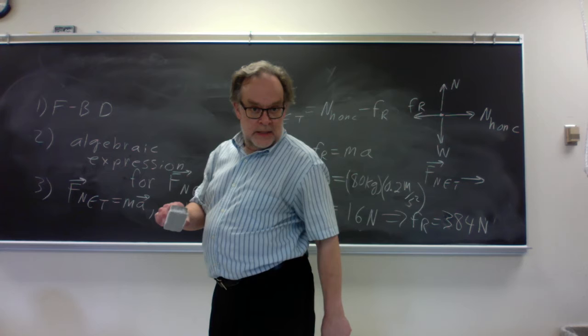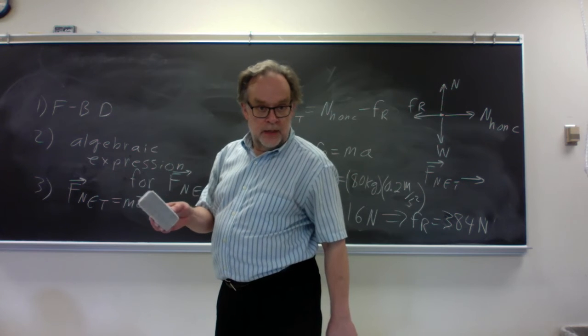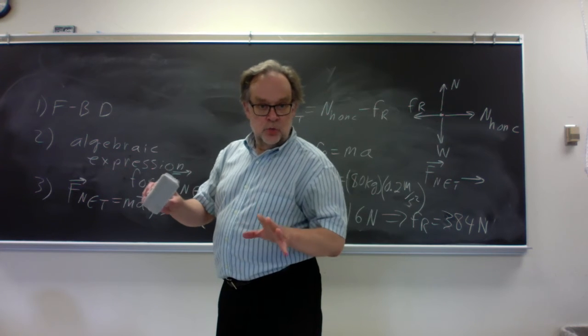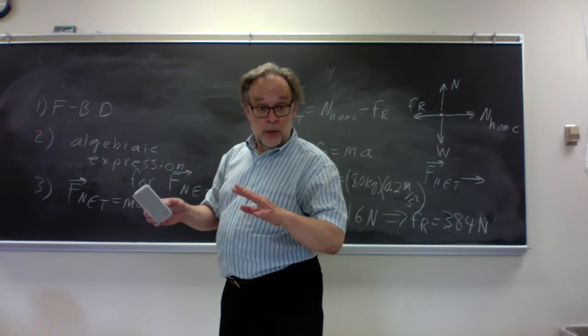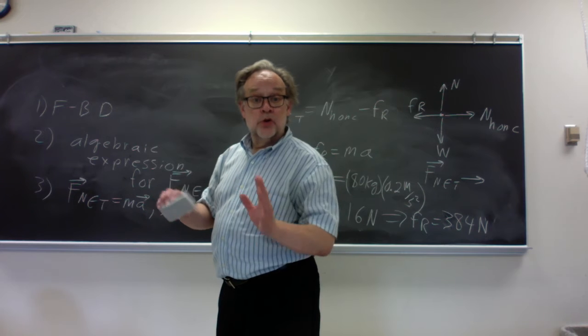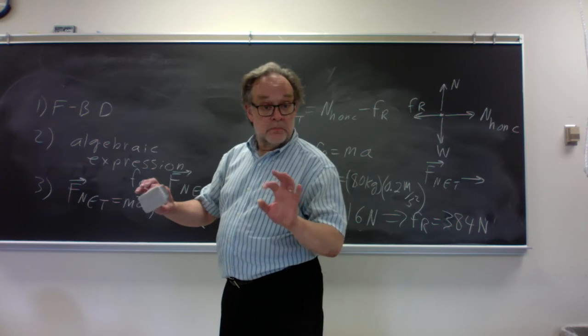Now, one last example that's a little more complicated because it'll deal with forces that aren't just vertical and horizontal. We'll have to look at the vertical and horizontal components of that force.